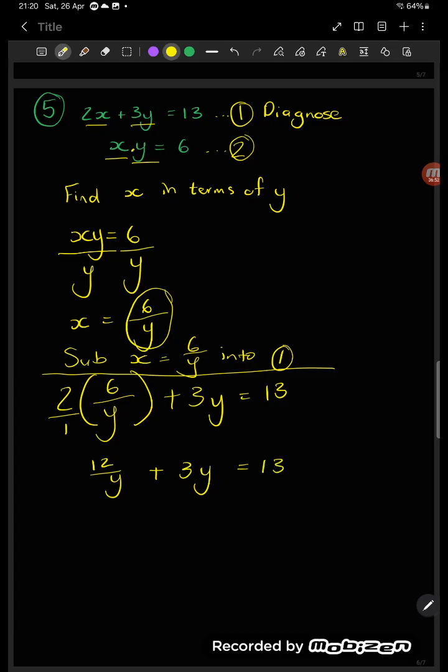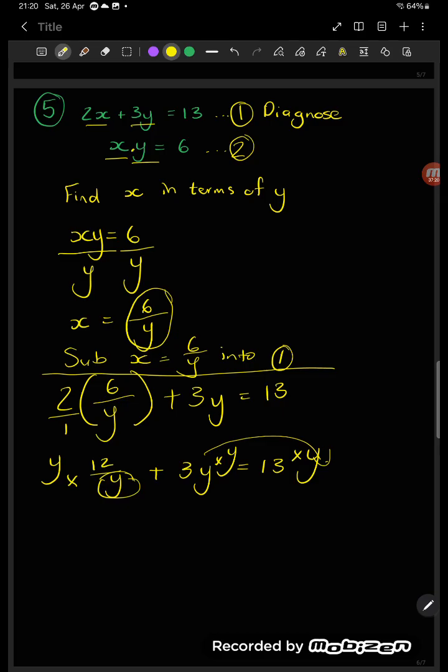Now, very importantly, I want to times every other thing by y. I don't like this denominator. Remember, try and get your denominators out as much as possible. So whether I move this to the other side or I move it all to the other side, I've got to times this by y, this by y, this by y.